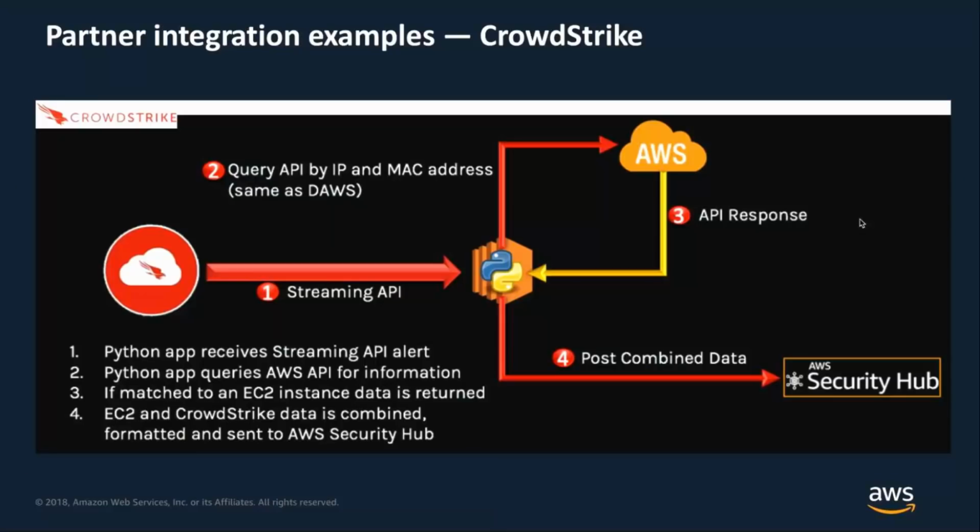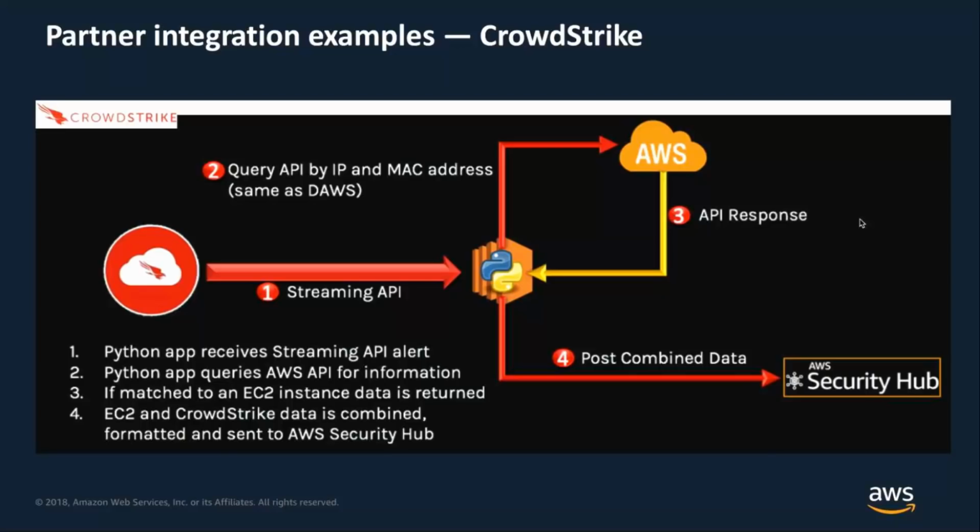So I want to highlight just a handful of partner integrations to, one, give you a sense of what these integrations look like, and two, give you a sense of how easy it is to get started with these integrations. CrowdStrike is an endpoint protection platform company. The way it works is that it uses a CloudFormation template to deploy a Python app into your AWS environment.